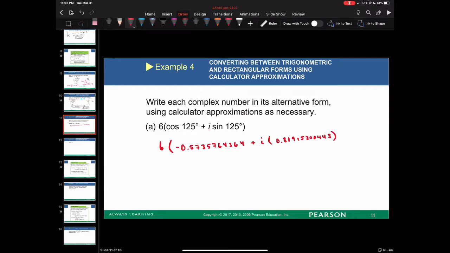Now, that's when you put the cosine of 125 and the sine of 125 in the calculator.